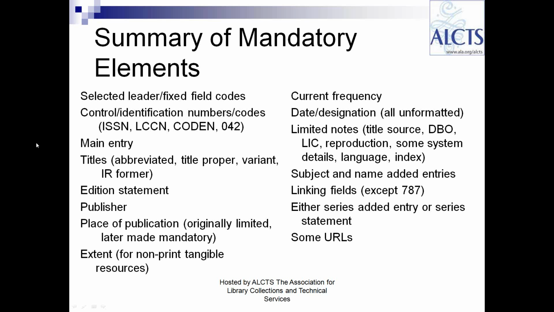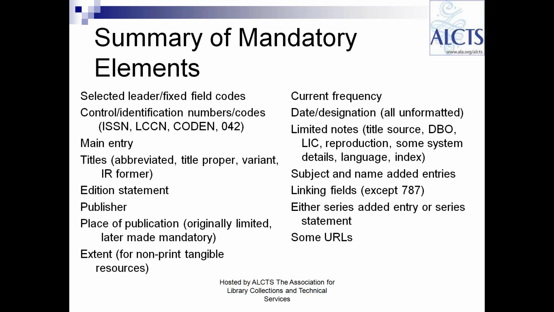And I do also want to mention one other element here. This one that says either series added entry or series statement. Again, because we were focused on access, we felt that the more important element of those two was the series added entry, and that a series statement as a descriptive element was only really necessary if the description was not already accounted for in a series authority record.